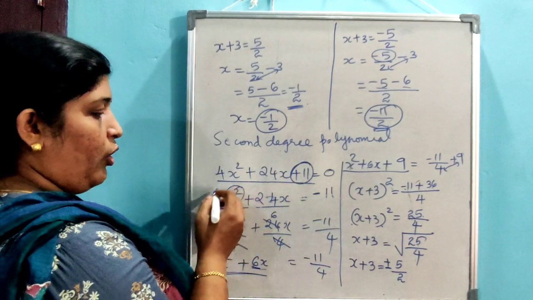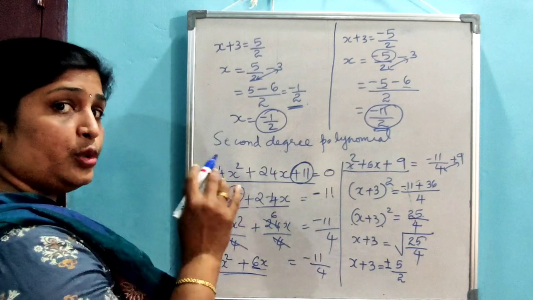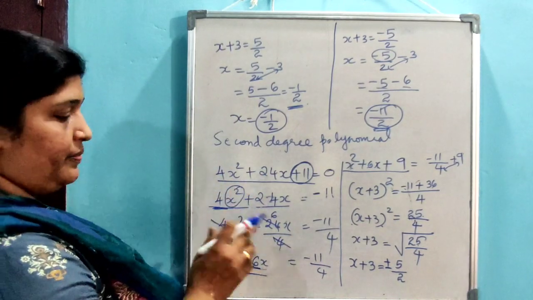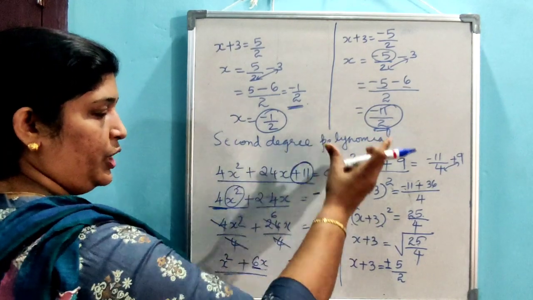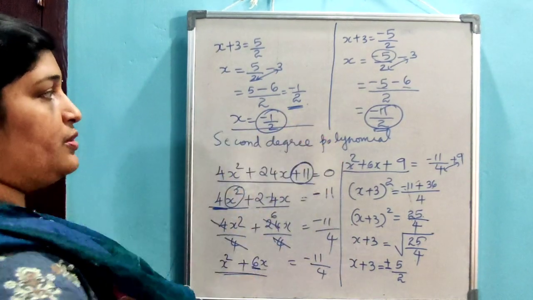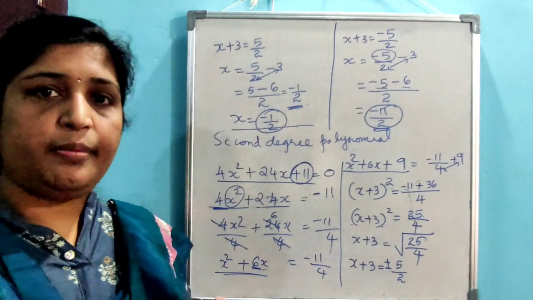Then make the coefficient of x square as 1. For that, divide throughout the equation by the present coefficient of x square. Then we get a second degree equation like this. Then we can make use of the square completion method. So these are the solutions: x is equal to negative 1 by 2 and negative 11 by 2.